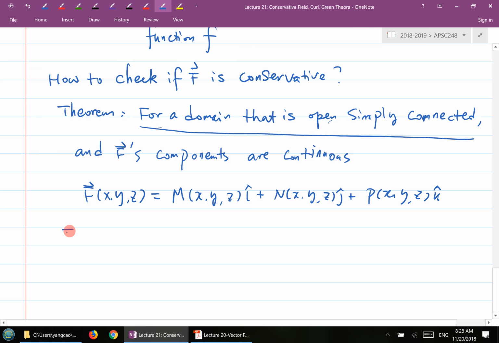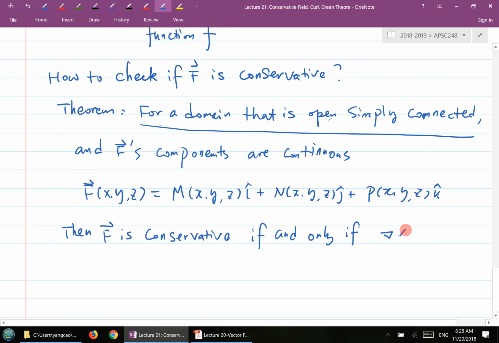The condition to check is very simple actually. F is conservative if and only if del cross F equals 0. This if and only if is a mathematical term, basically meaning necessary and sufficient condition.